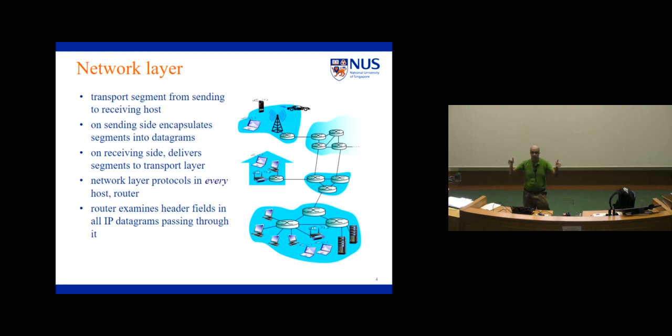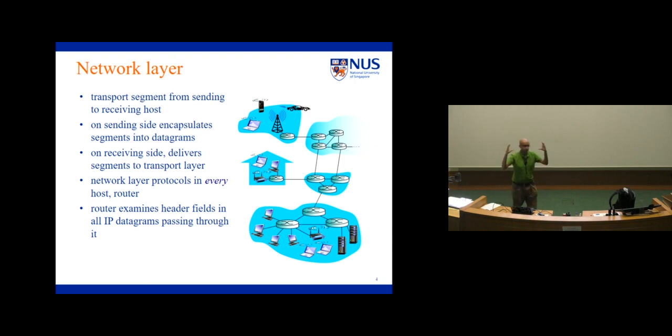Whatever the transport layer has given me, including the UDP or TCP headers, are all part of what the transport layer is giving me. But for the network layer, I don't care. Whatever transport has given, I think of as the payload that I need to send to the other side.